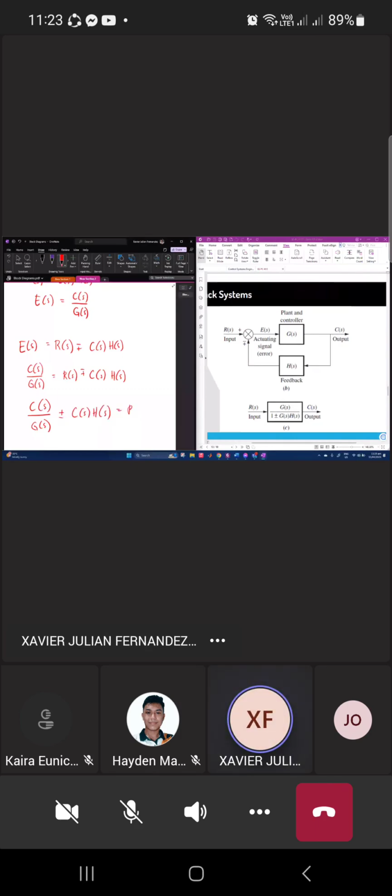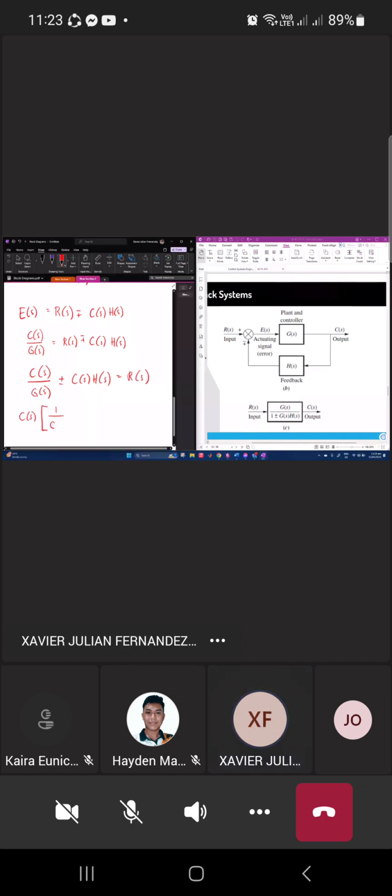Therefore, C of S over R of S is equal to 1 over G of S plus minus H of S to the power of negative 1. Okay? Now let's simplify.